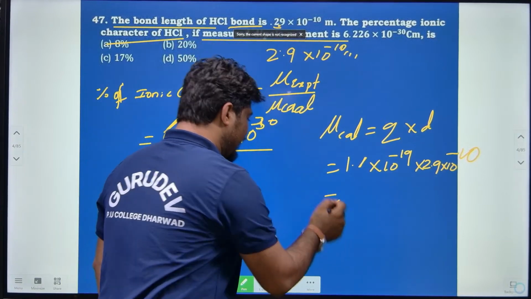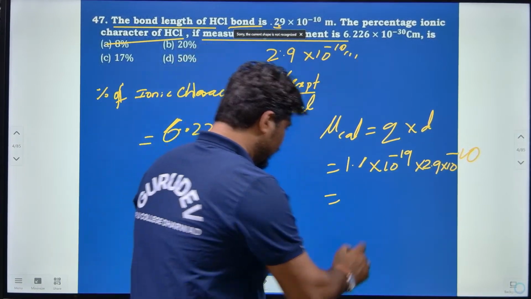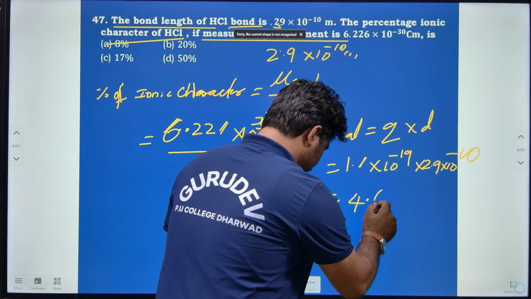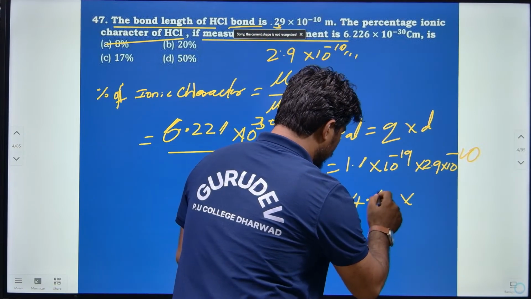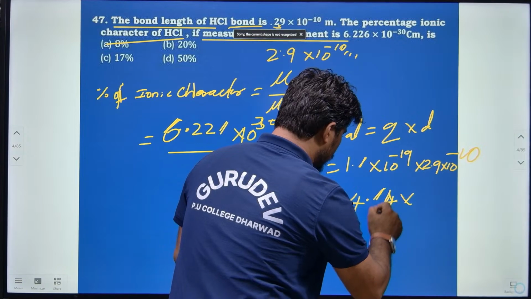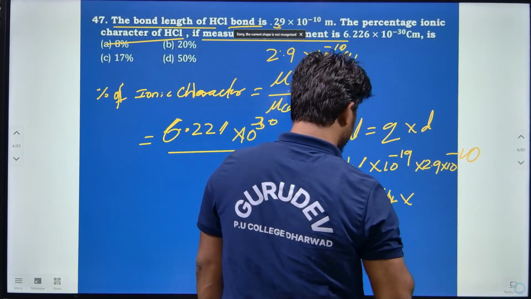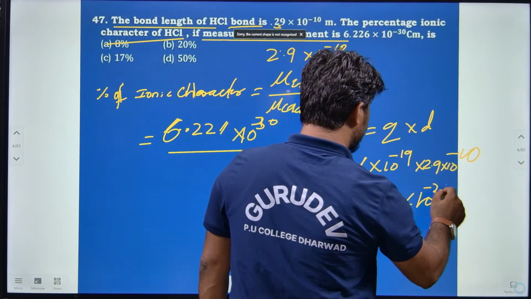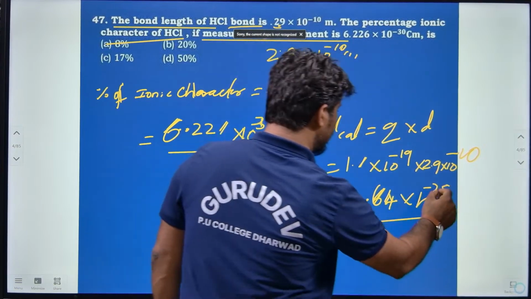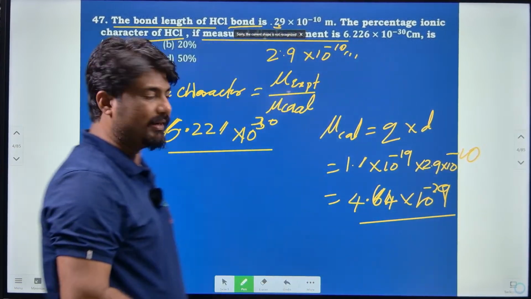On simplifying, I am going to get the value 4.64 × 10^-29.